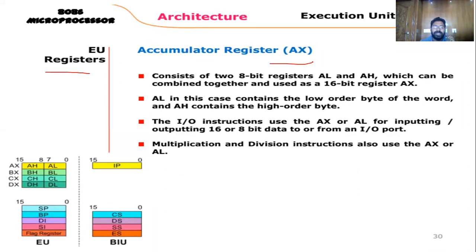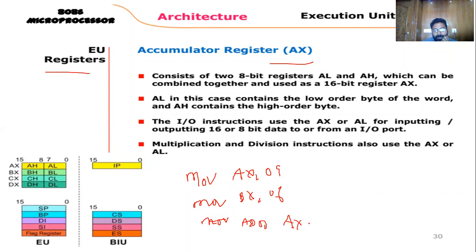AX we can also call the accumulator. In most situations, one of the operands is always the accumulator. For example, in programming: move AX comma 09, move BX comma 06, again add AX comma BX.